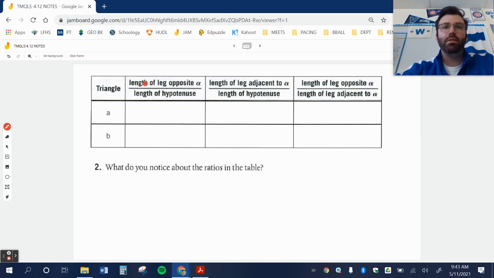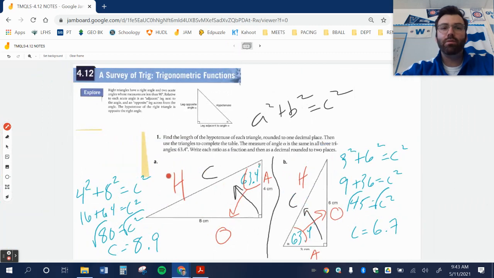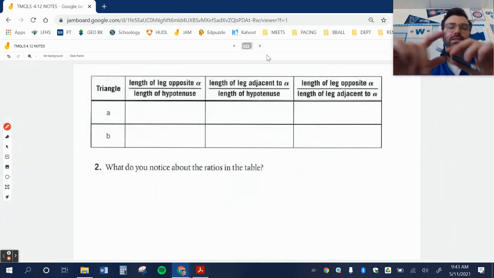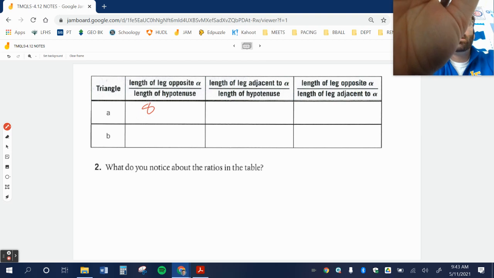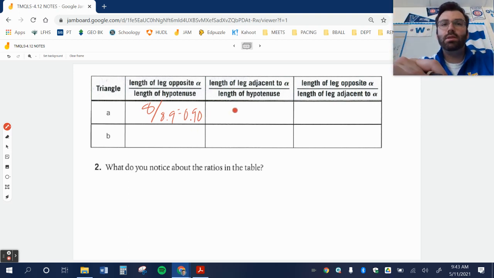I want to say the length of the opposite side over the length of the hypotenuse. So I want to do opposite over hypotenuse. So the opposite side is 8. The hypotenuse was 8.9. And if I actually divide those two, I get about 0.90.